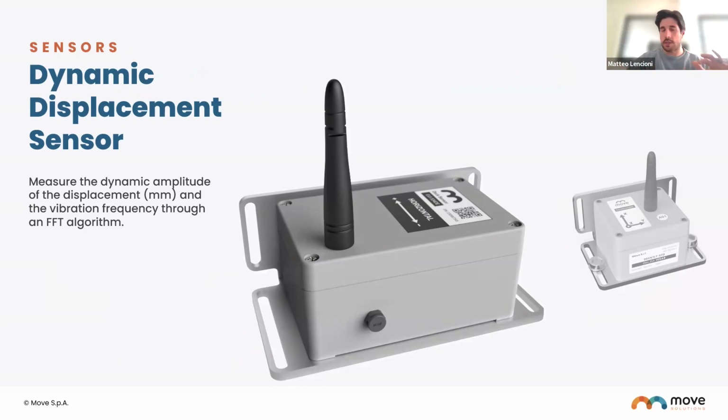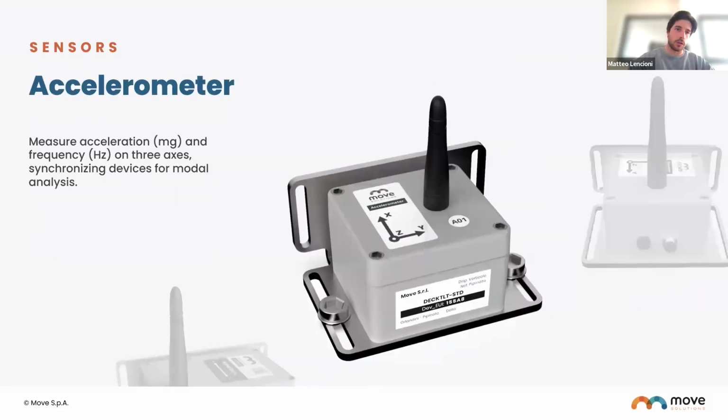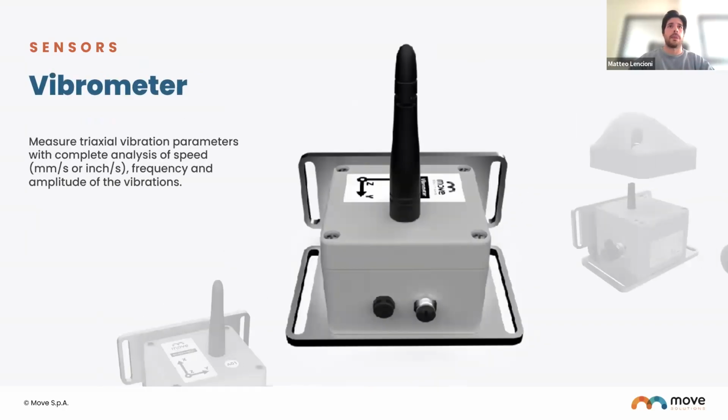We have, for example, a dynamic displacement sensor for the detection of dynamic displacement waveforms. Still in the dynamic world, we have an accelerometer that can detect acceleration waveforms for modal analysis and all those algorithms. We also have a vibrometer for construction monitoring for PPV, monitoring the frequencies and all of that construction side of monitoring.